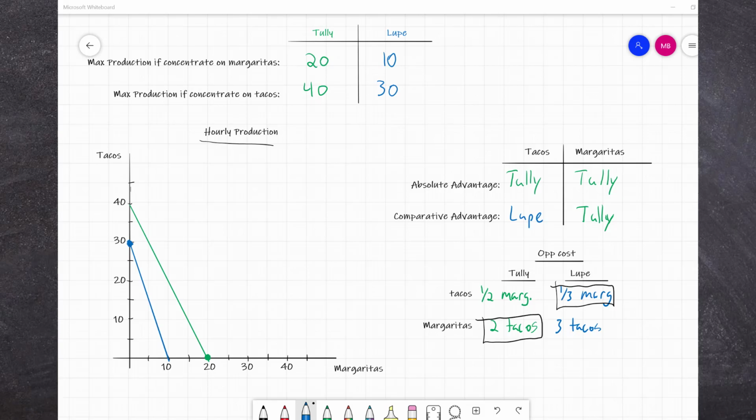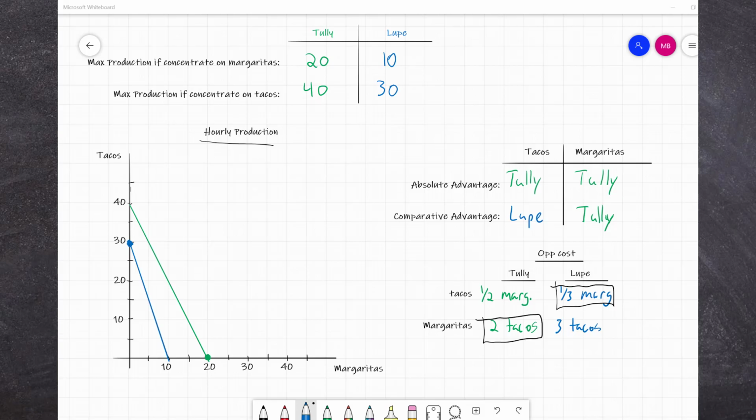Well, the minimum that Lupe would accept for each one of her tacos is 1/3 of a margarita. Otherwise, she may as well just produce the margarita herself, because her opportunity cost of producing a taco is 1/3 of a margarita. So that's the minimum that Lupe would accept for one of her tacos.